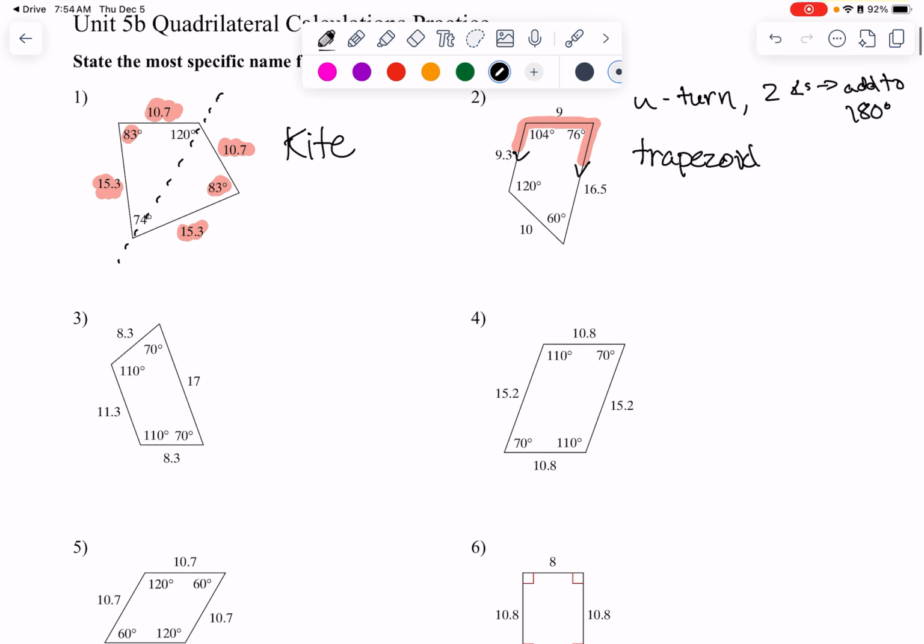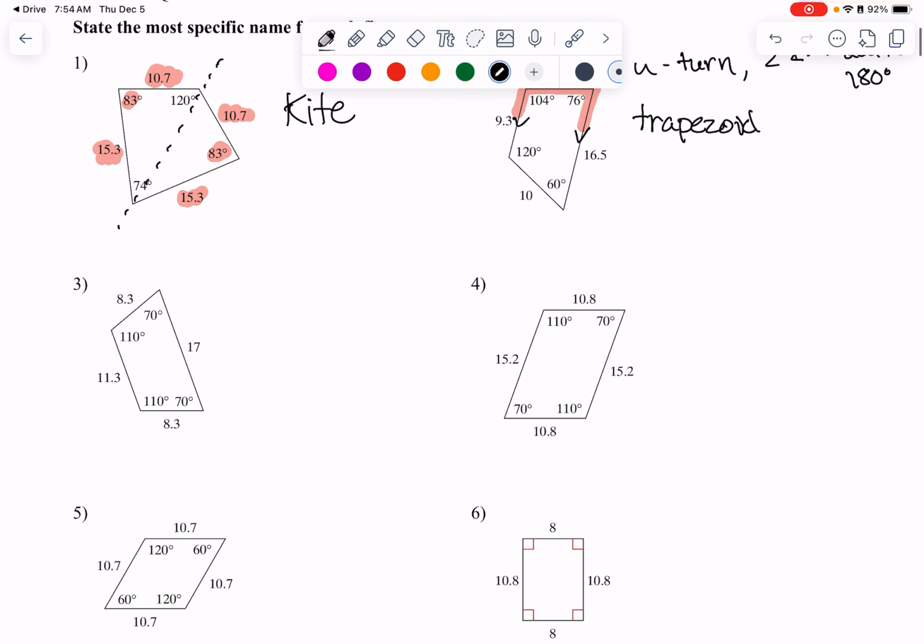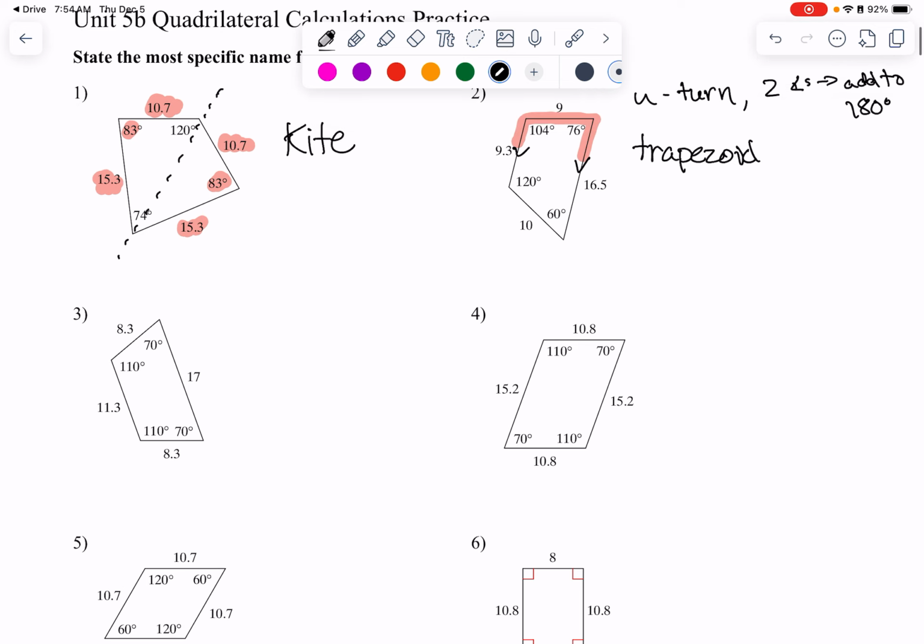Now this next one is almost deceptively the exact same, because just like we had before where you got two angles that add up to 180, we're going to have that again. And it's so clever in that it almost seems the same, where you got two angles that add up to 180, making parallel lines.